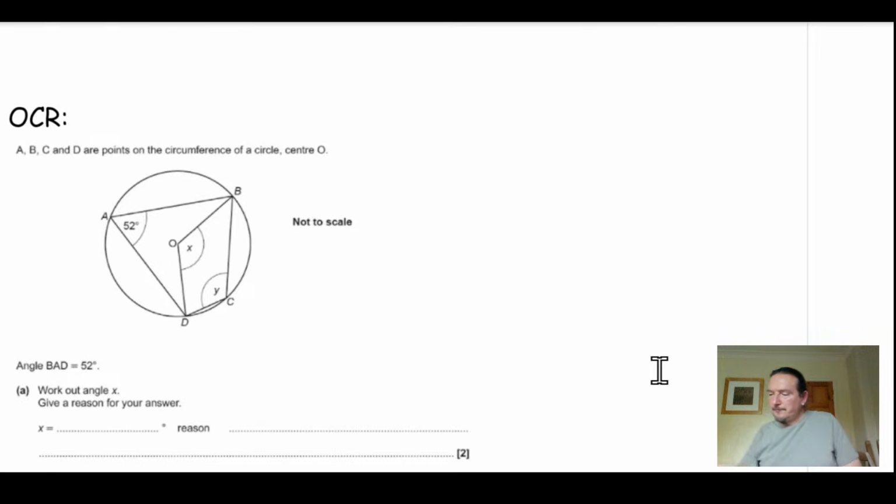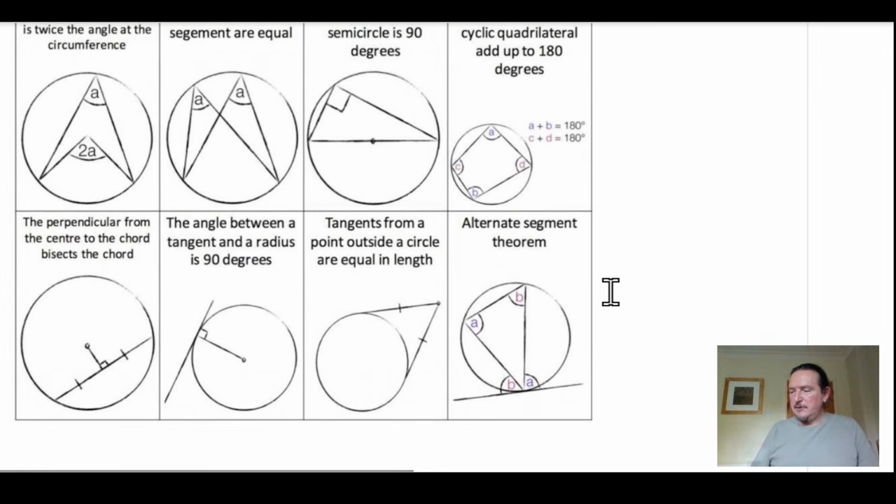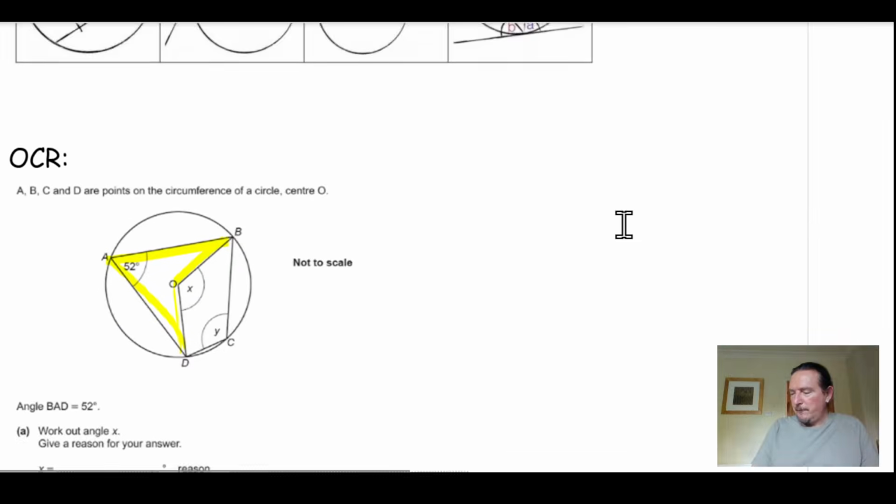Right, so we've got what we've got on here. So x is down here, look, and we've got an angle over here which is 52. So we've got this shape here. It looks a bit like an arrowhead, and we had one of those on our diagram, didn't we? It's this one up here, look. So that one says the angle at the centre is twice the angle at the circumference.